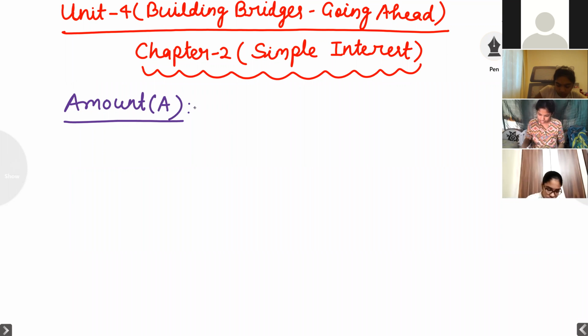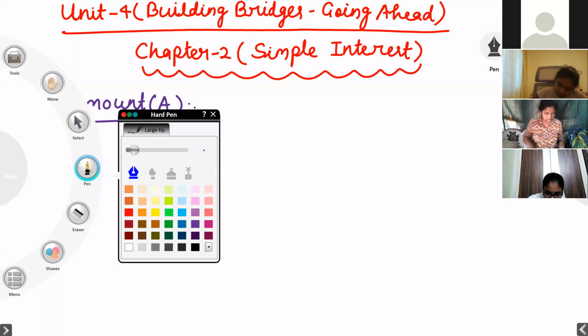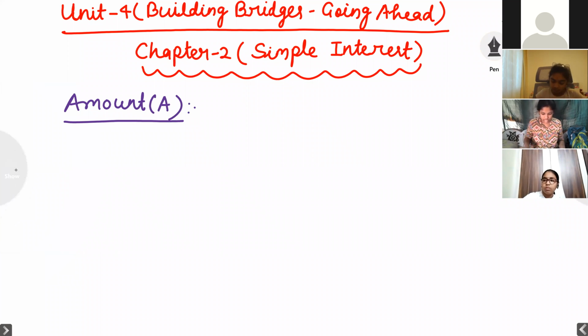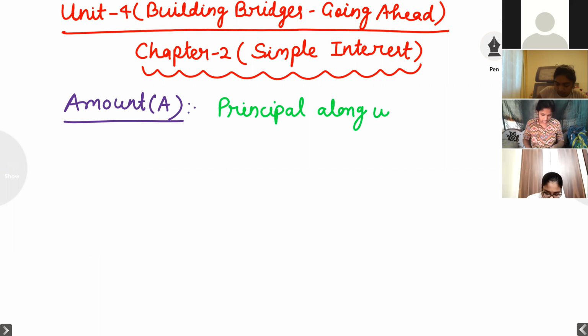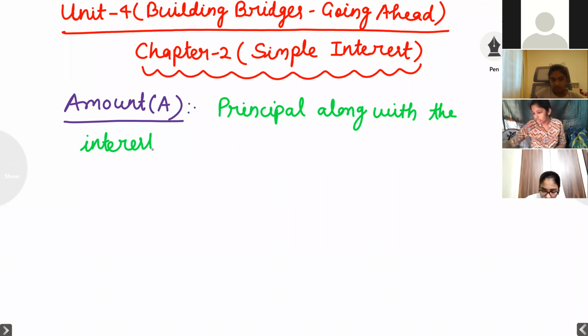Abbreviation is A. Principal along with interest is called amount.